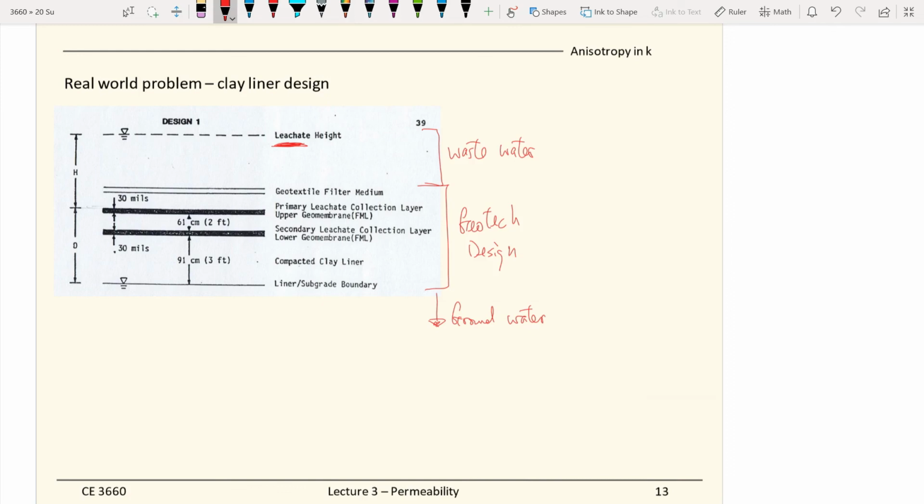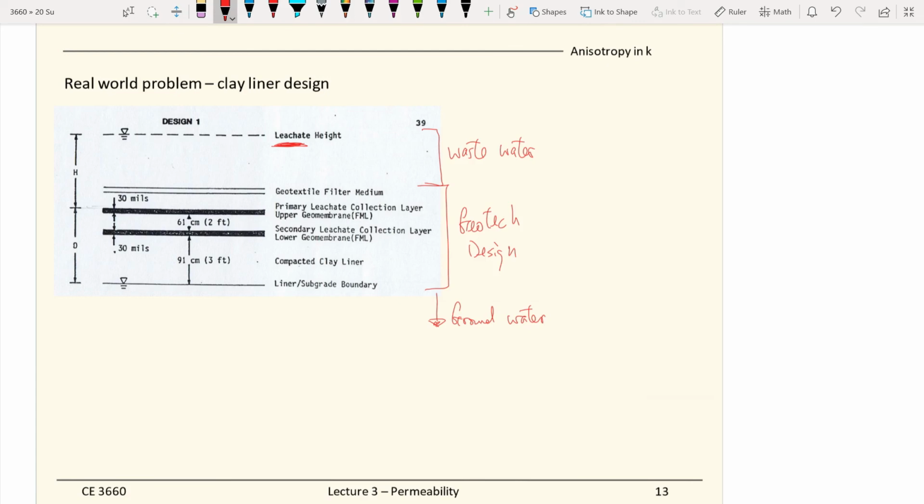Because when we design a landfill, it will stay there for hundreds of years. So it's almost impossible to totally block it out, but based on our engineering procedure and understanding, we can design so that within the lifespan of the landfill site, which could be 1,000 years or 500 years, the wastewater will not go into the groundwater.